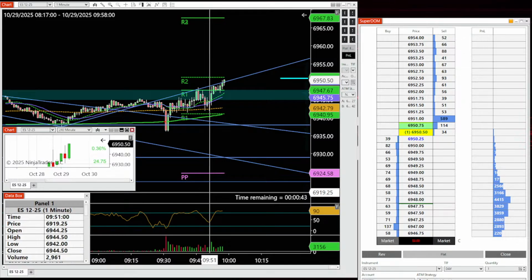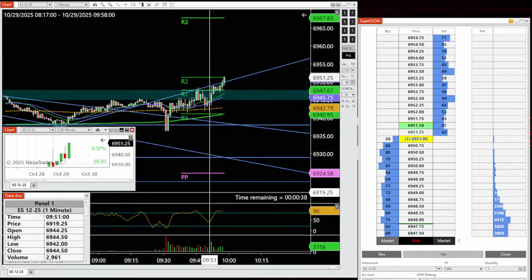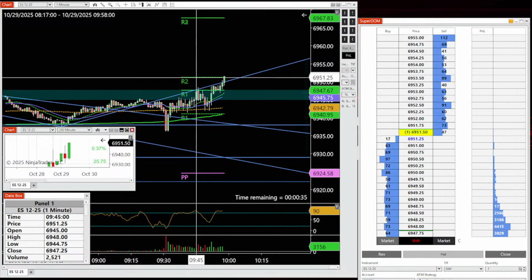See if it takes out that 51. Did it move? Okay, 50 and a quarter. Now we're at R2.